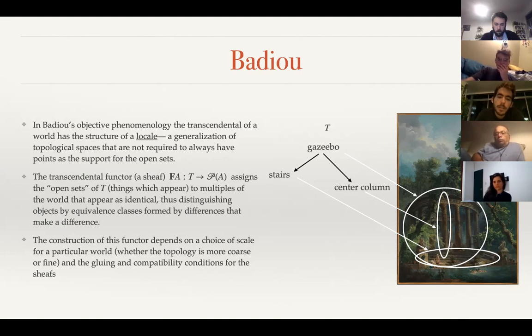For example, this gazebo-like thing, I don't actually know what it's called, is the whole thing, and it contains the stairs and also the center column. But these are all really sheaves, which are picking out sets from this painting and assigning certain predicates to them. And the predicates are something we choose, ultimately.